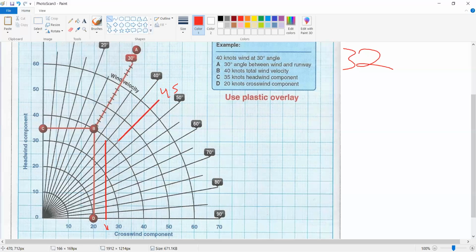Where these two intersect, that's 45. Now we need to figure out what that is. So I'll write it in a different color. Whatever this point is, that's our answer. So looking at that, that is roughly going to be 25. Is that the answer?